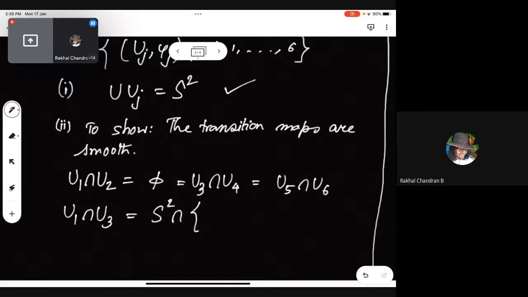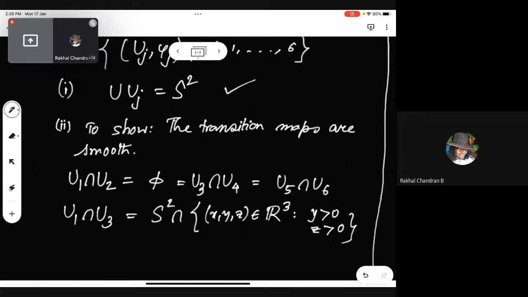The z coordinate and y coordinate are greater than 0. The points like that. So (x, y, z) in R³ such that the y coordinate is greater than 0, the z coordinate is also greater than 0, right? Let us just find the first transition function at least, and then I'll stop. And I'll give you definitely more time on this after 3.